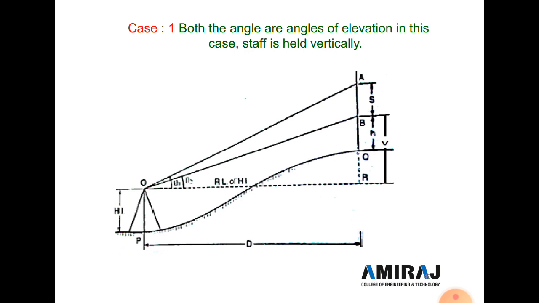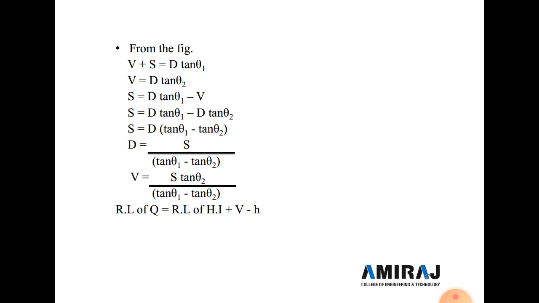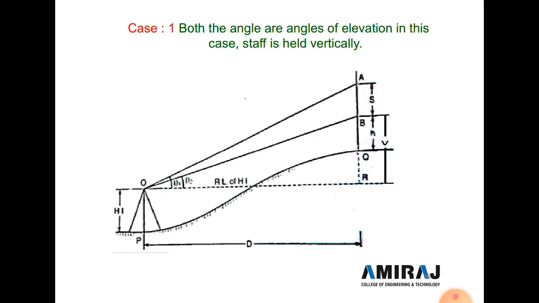Now two angles are measured: one for the upper crosshair, theta 1, and another for the lower crosshair, theta 2. Now from the figure, V plus S equals D tan theta 1. We take this bigger triangle A, O and R, clear?